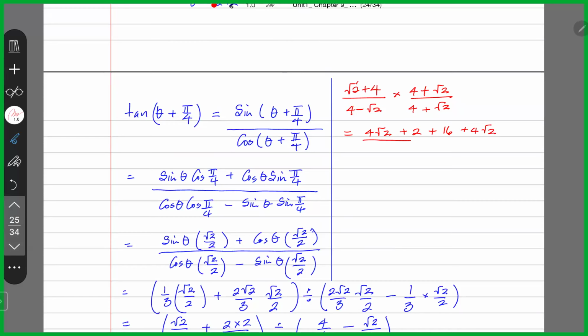Down by the bottom, I have 16 minus 2. Up top, I have 18 plus 8 root 2. Down by the bottom, I have 14.